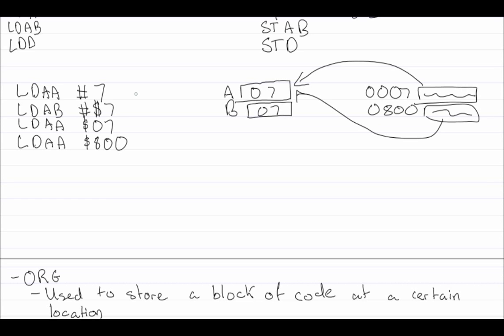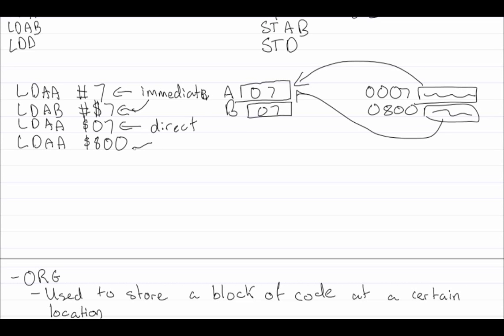This is accordingly called immediate addressing, because all you're doing is taking a piece of data and storing it inside A. Same thing here, you're just taking a piece of data, not taking it from a certain memory location. Over here, this is called direct memory addressing, because you're stating specifically which memory location you want, and putting it inside accumulator A.